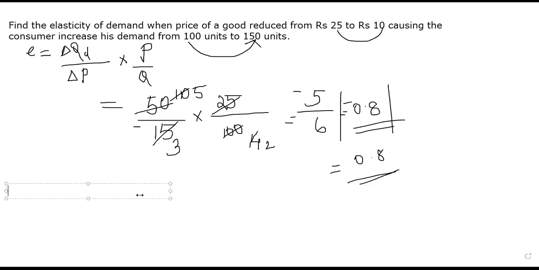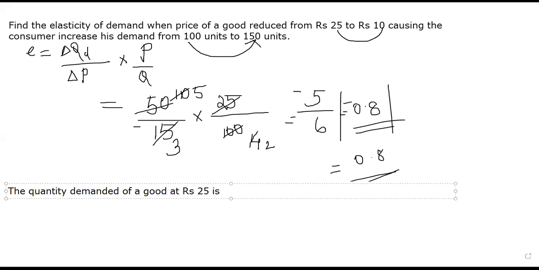Second question. The quantity demanded of a good at rupees 25 is 150 units and the elasticity of demand is 1.5.